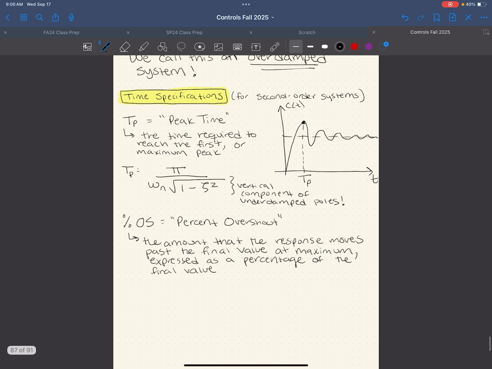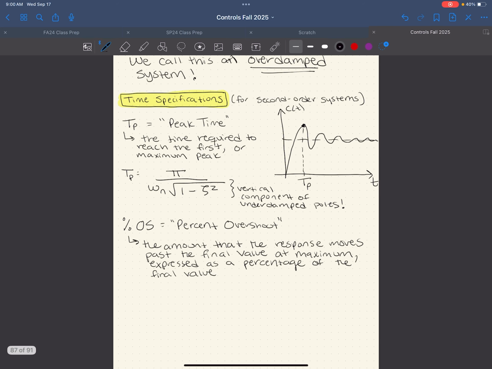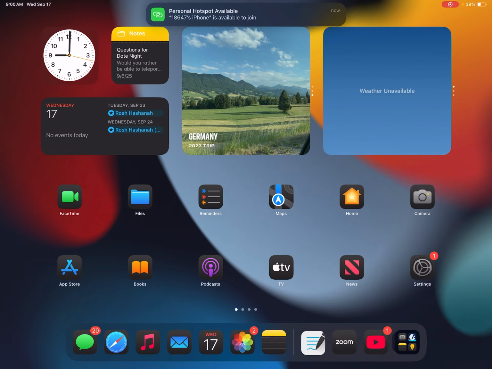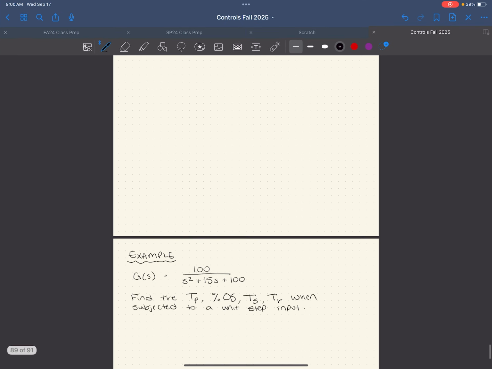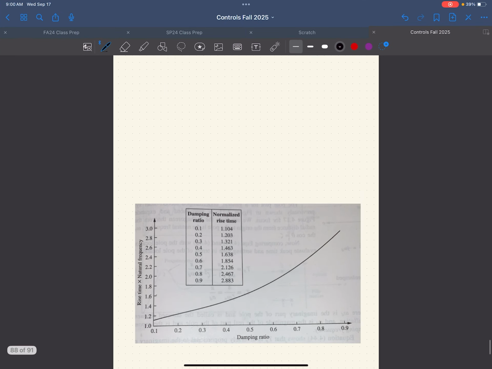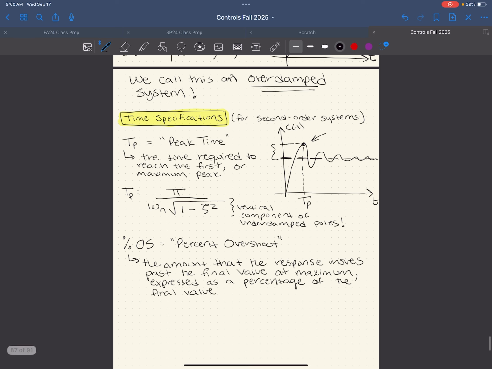So again, if we look back at our underdamped system response here, we're looking at how much it overshoots. How much do I go past the final value, which is this dotted line, the line that it approaches over time? How much do we go past that at maximum?